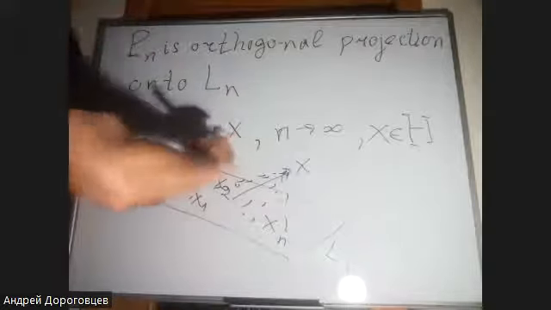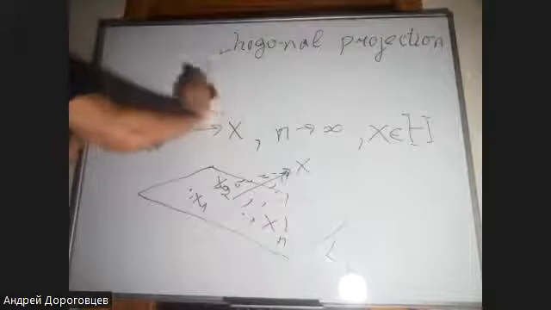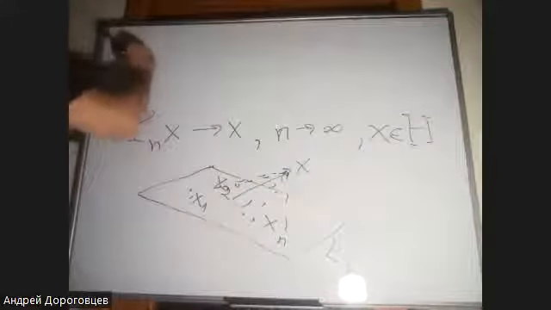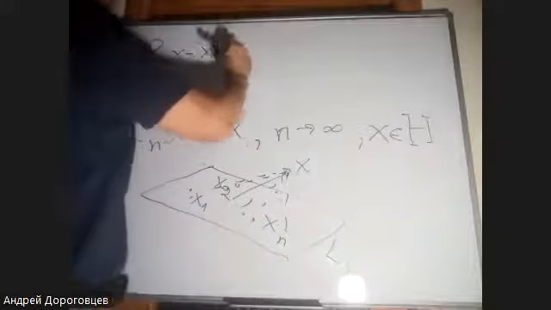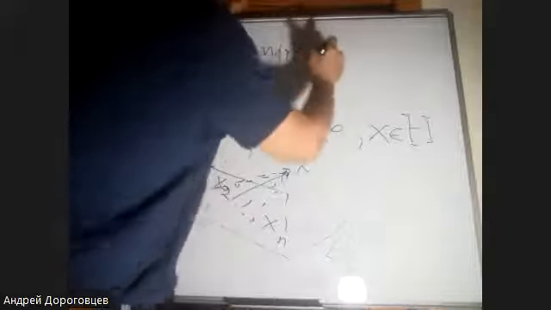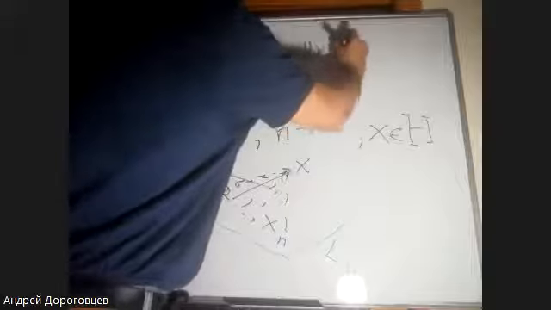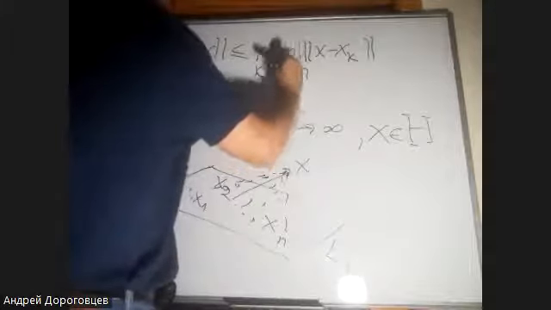So one can conclude that the following relation holds: the norm of P_n x minus x is less than or equal to the minimum of the set of norms of x minus x_k, when k equals 1 to n.